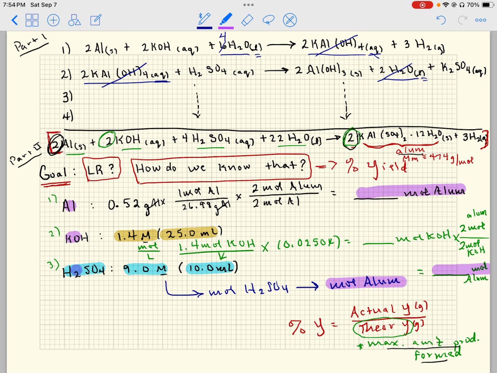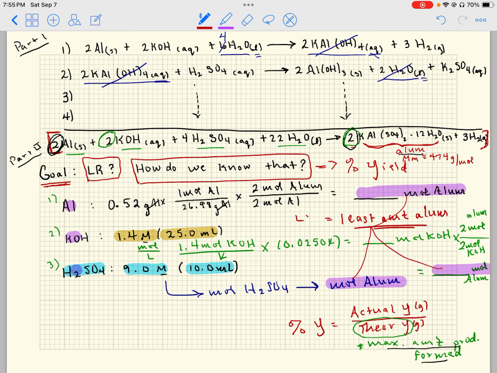What I will do is once I compare those 3, then ultimately I've got to figure out from those 3 which one of the 3, aluminum, potassium hydroxide, or sulfuric acid, produced the least amount of alum. And whichever one produced the least amount, guess what?